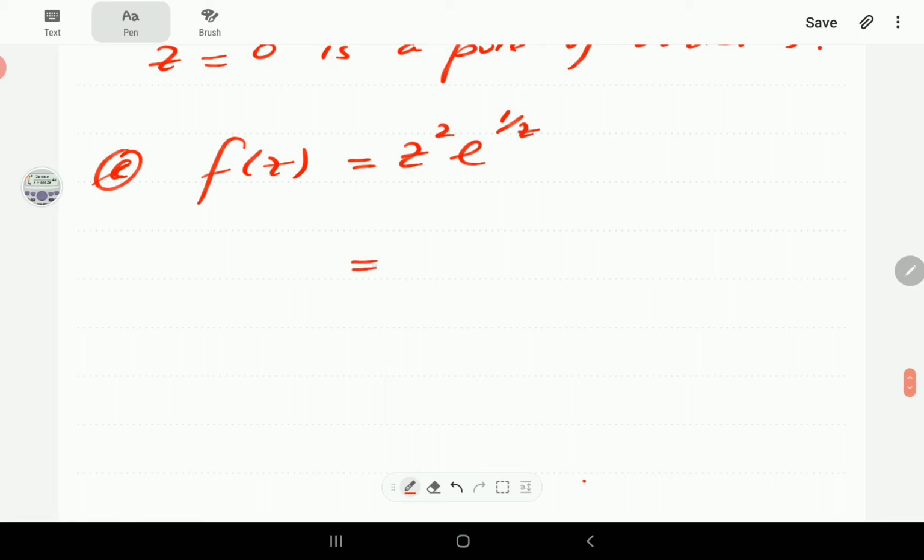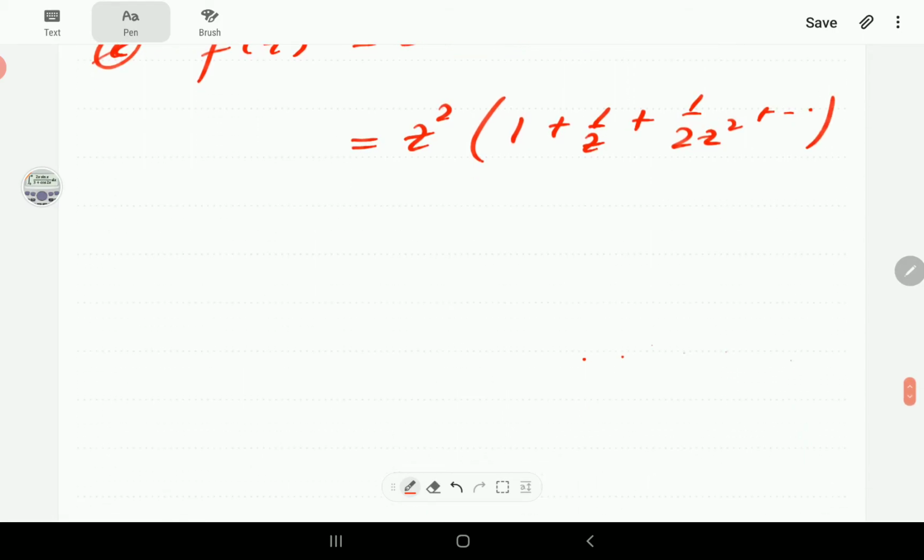So if we expand the e, the Maclaurin series of e to the u is 1 plus u, which is 1 over z in this case, plus u squared over 2 factorial, so there's going to be 2z squared, etc. If we multiply through by z squared, it's going to be z squared plus z plus 1 over 2.